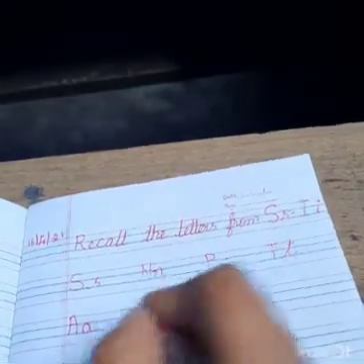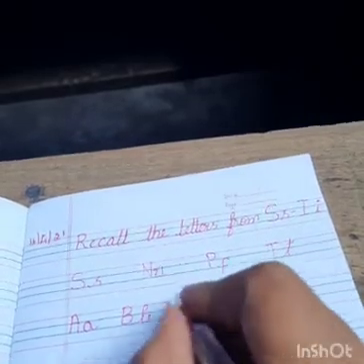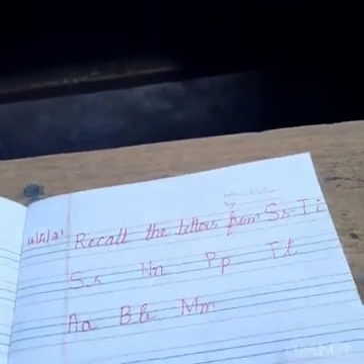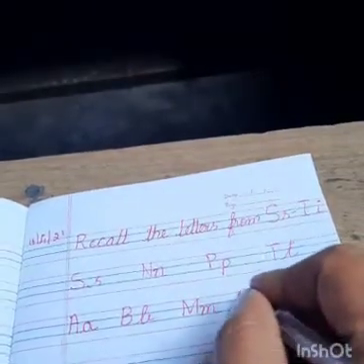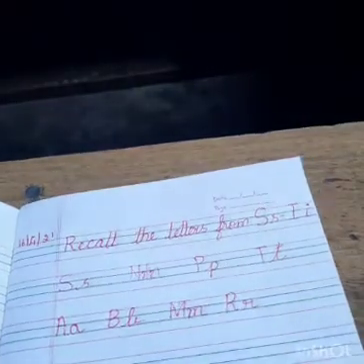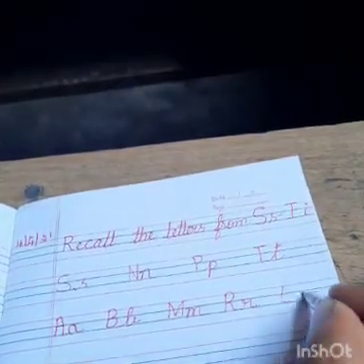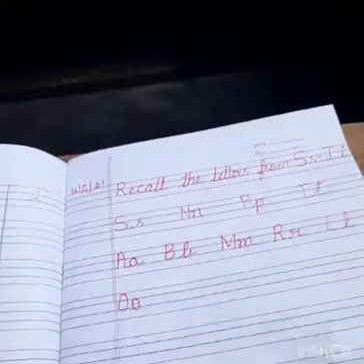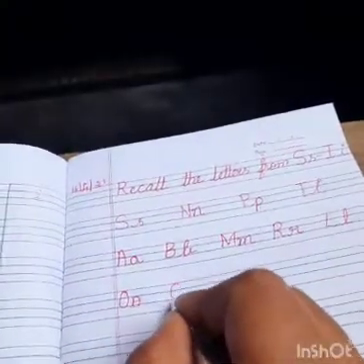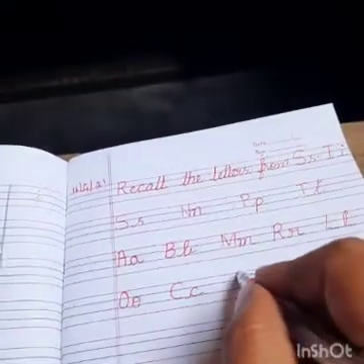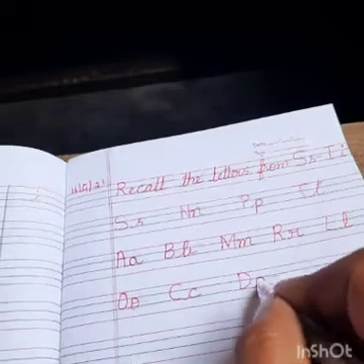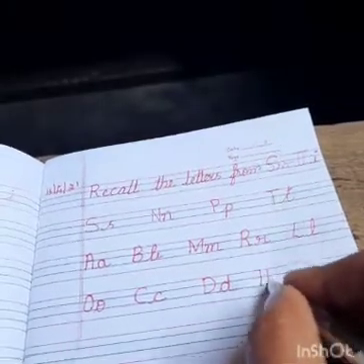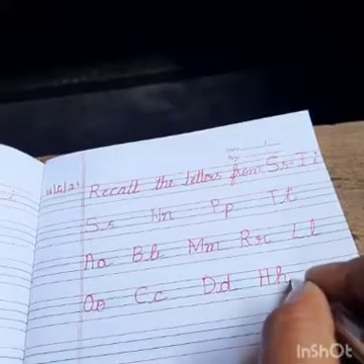B says B. Next, M says M. Next, R says R. L says L. O says O. Then C says K. D says D. Children, you should keep one finger gap. H says H.